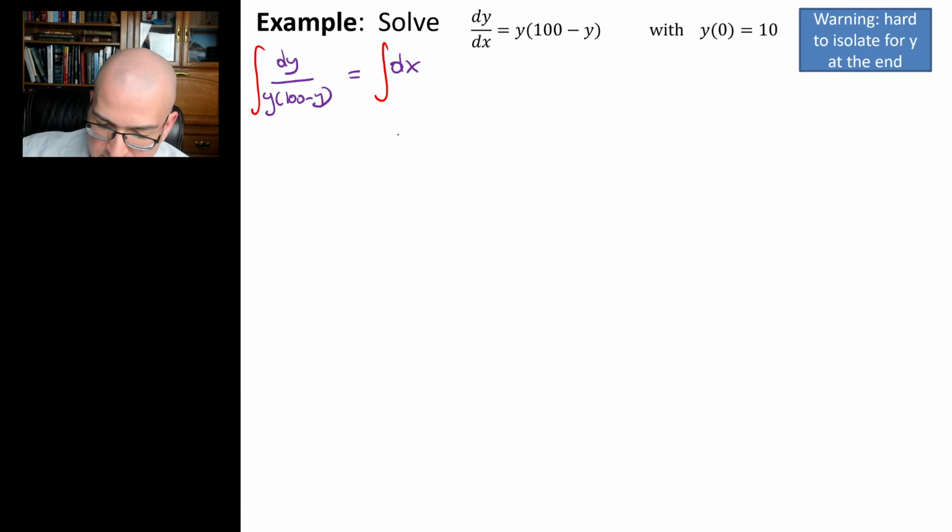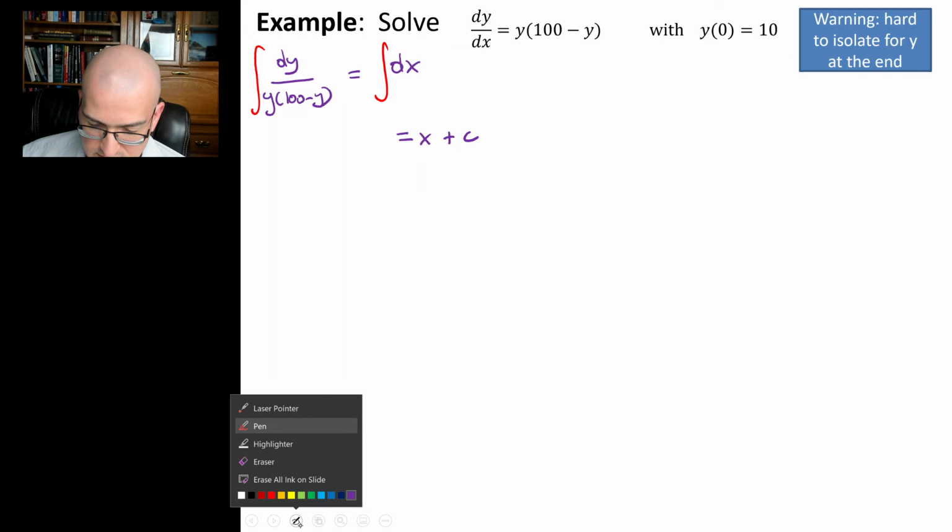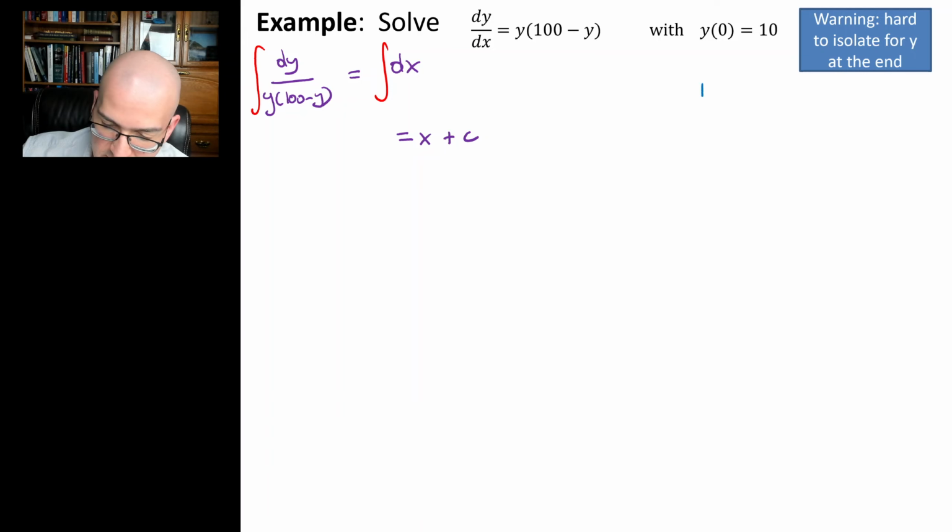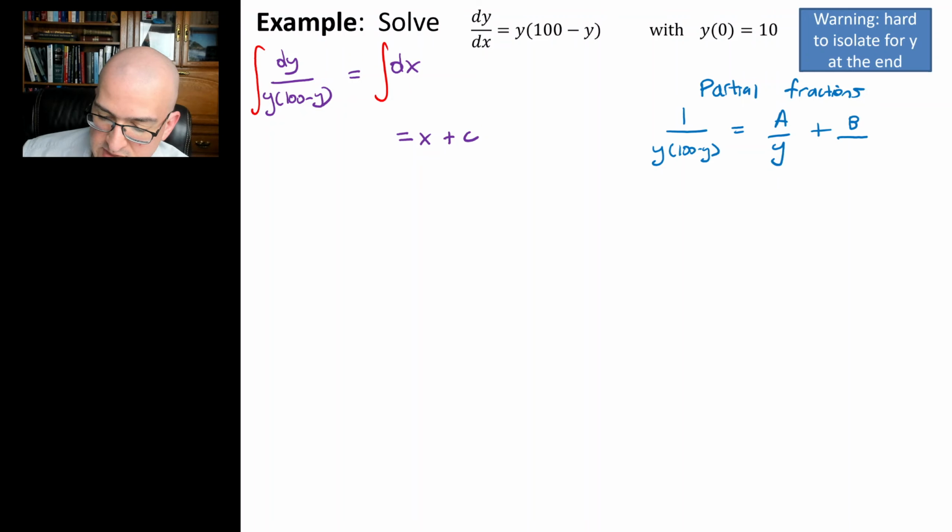Well, on the right-hand side, it's pretty easy. The antiderivative of 1 times dx is just x plus c. The left-hand side's trickier. We have to do partial fractions. So I'll write that down. Partial fractions: 1 over y times 100 minus y, written as an unknown constant a over the first term plus an unknown constant b over the second term.